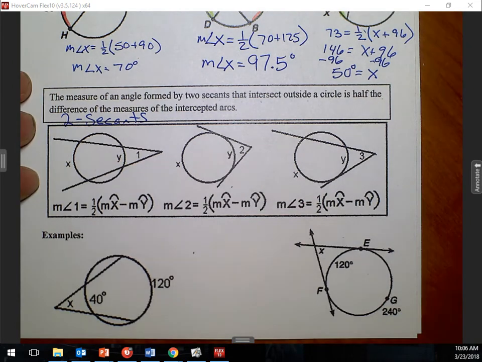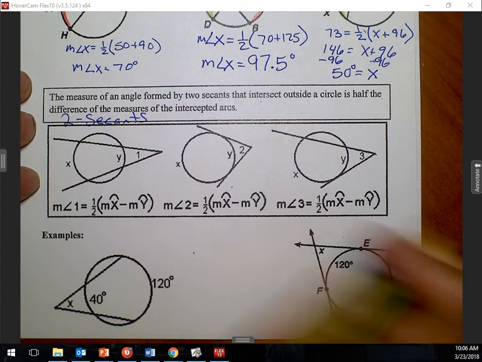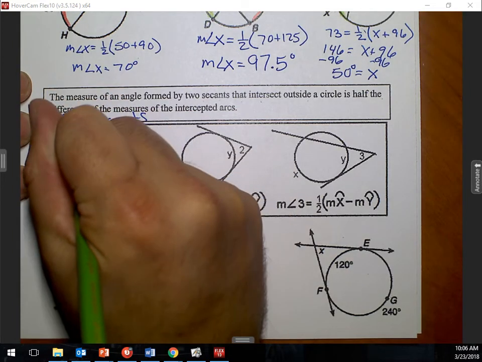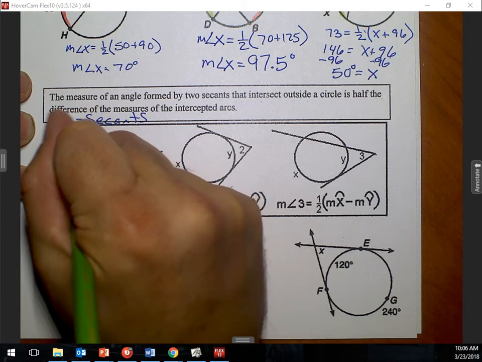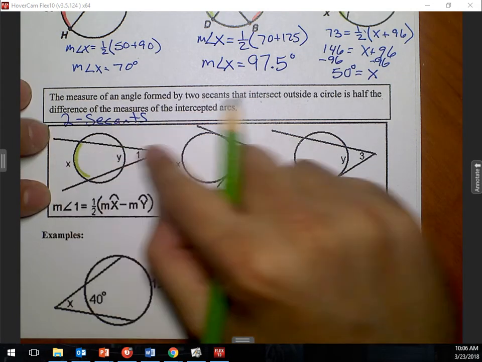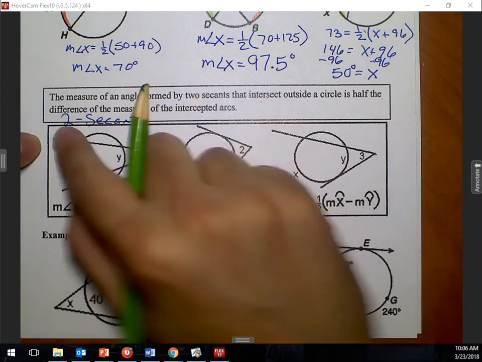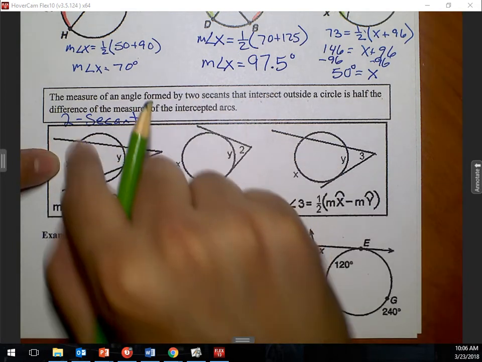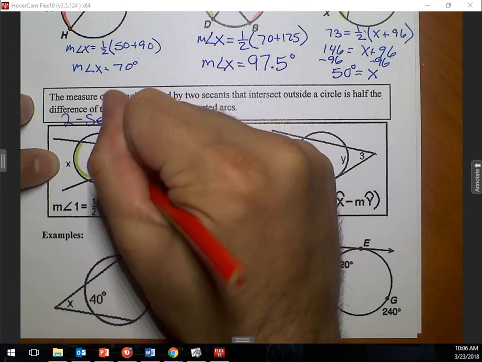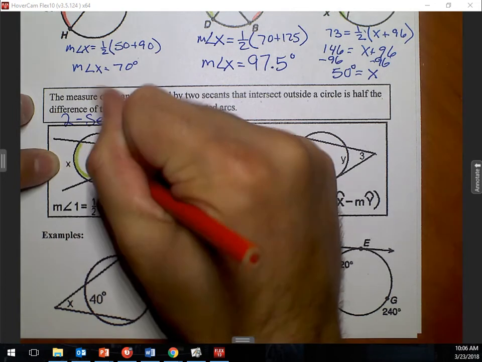I'm going to talk about my two arcs. I'm going to start with this one, because I'm talking about the arcs that are inside my angle. So my angle is angle 1. I'm actually talking about just the ones that are on the inside. So that arc on the inside and this arc right here on the inside.